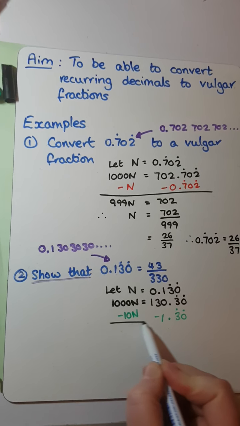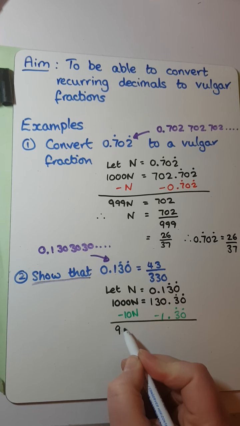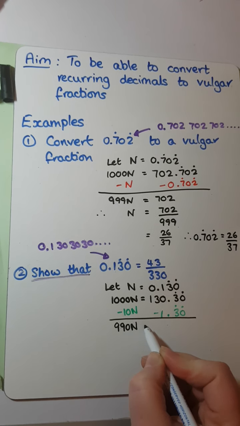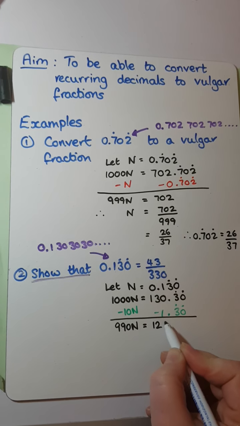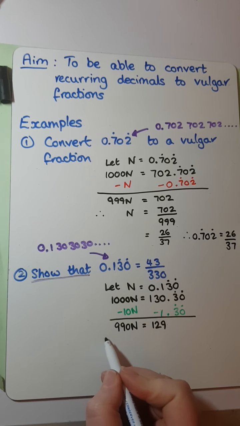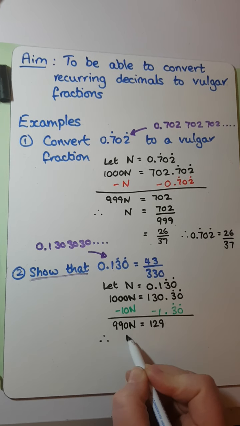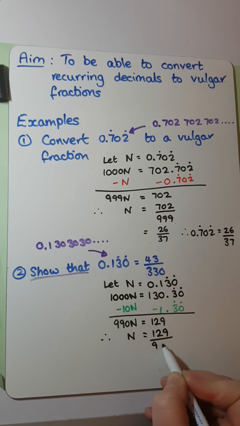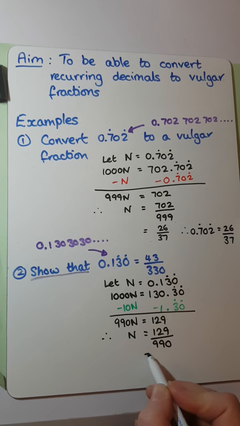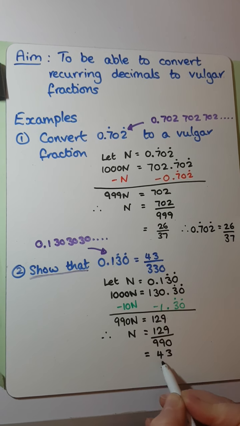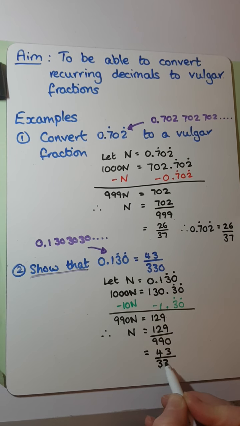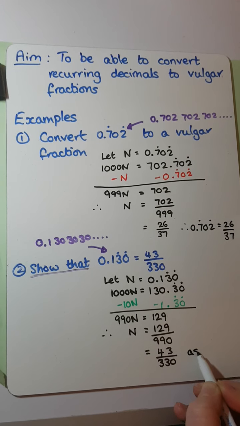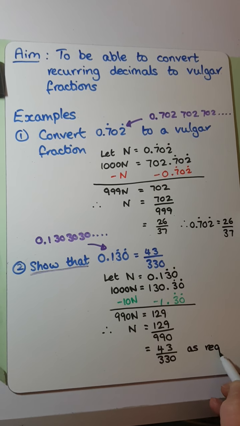And that will give me 990n is equal to 129. Dividing both sides by 990, I get n is equal to 129 over 990, which when I simplify it, gives me 43 over 330, as required by the question.